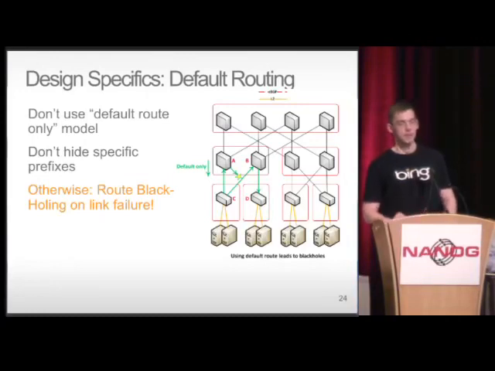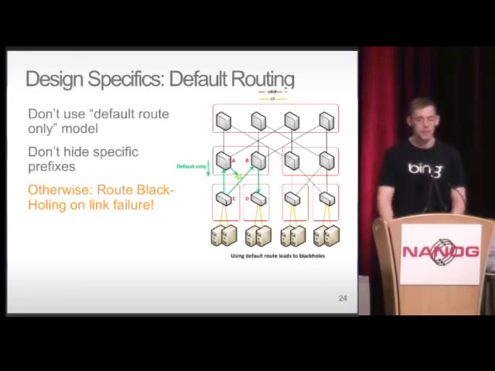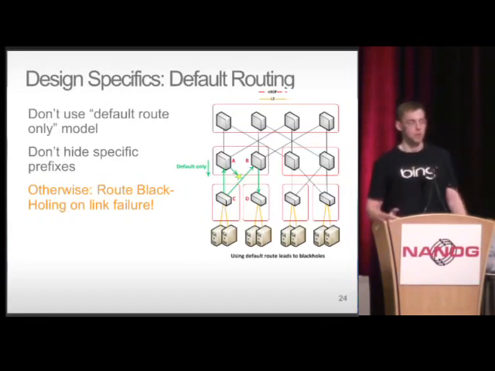Let's say your leaf switches only send a default route to the ToR switches. In our case, A and B send a default route only to the ToR switches to improve scalability and reduce table sizes. What's going to happen if a link from A to D fails? Switch C will never know about that and keep sending traffic to both A and B leaf switches. And this will create a black hole for traffic going from switch C to switch D.